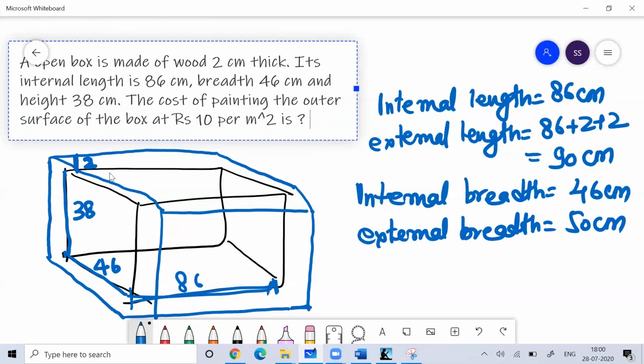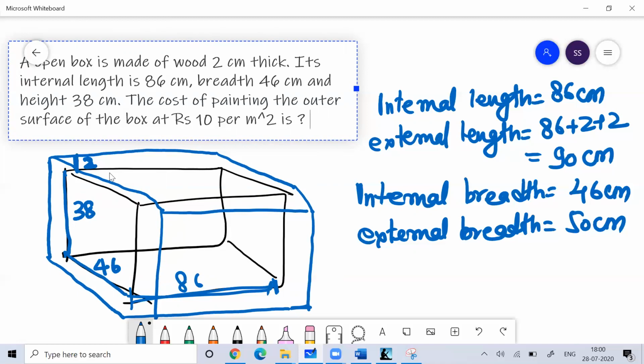They are talking about an open box because it will be thick at the bottom, but it won't be thick at the top.